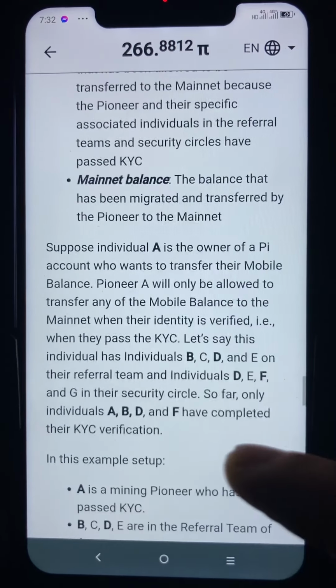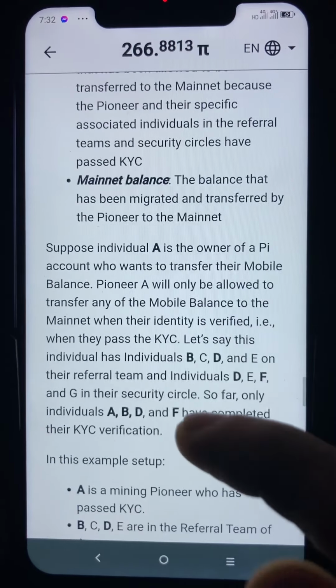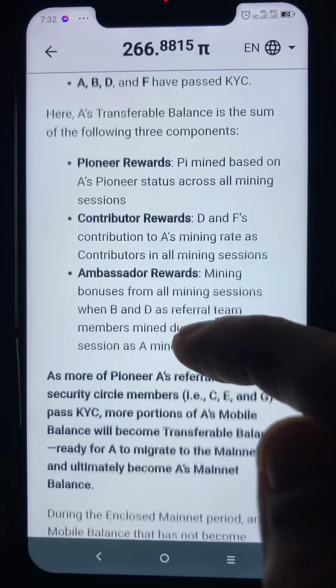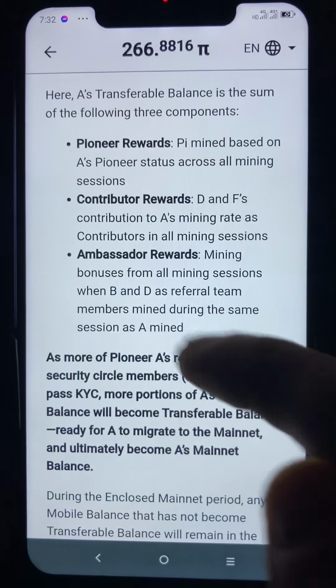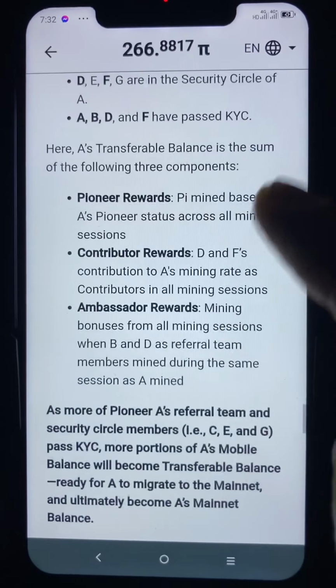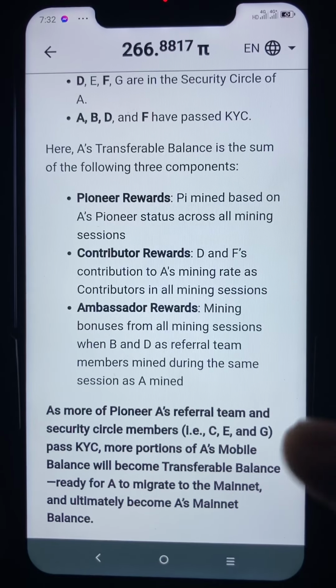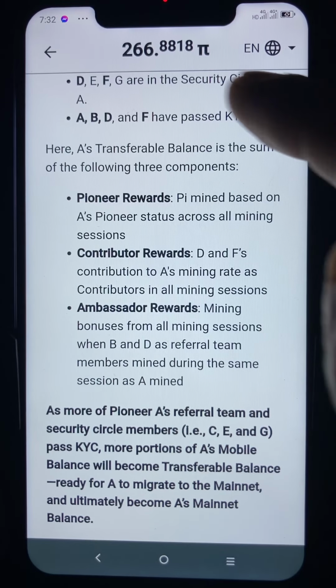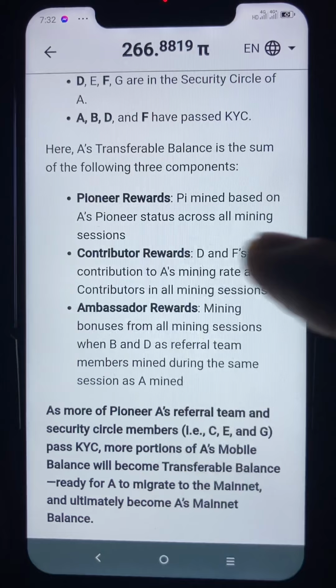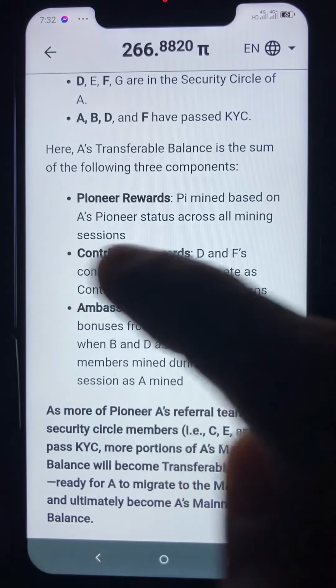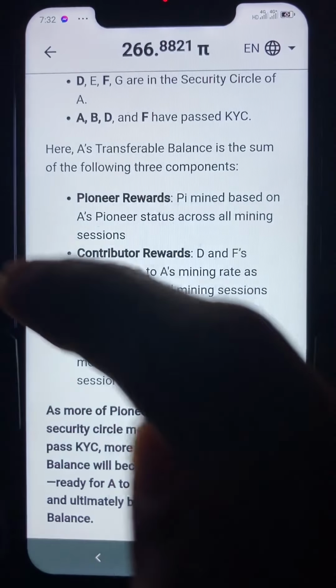Ayun. So, anyway, I'm not going to delve into yung mga examples. Nasabi ko na naman yung general niya. So, ito. Sinasabi niya merong yung tatlo, di ba? Merong Pioneer Rewards, may Contributor Rewards, and may Ambassador Rewards. So, yung Pioneer Rewards, basically, yan yung makukuha ninyo as transferable balance. Yan sigurado nyo pagka na-KYC kayo.